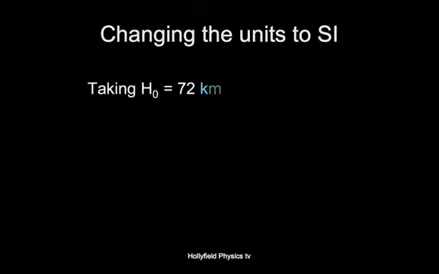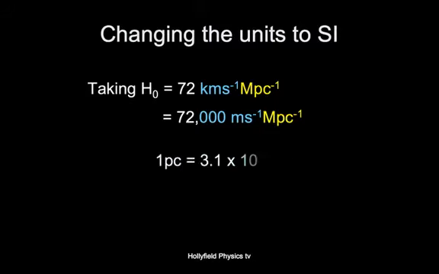Now you'll have to change those usual units for Hubble's constant, kilometers per second per megaparsec, into SI units, the units per second. So here's how we do it. First thing we'll do is change the kilometers per second into meters per second. So we have 72,000 meters per second per megaparsec. Next thing is to change per megaparsecs into per meters.